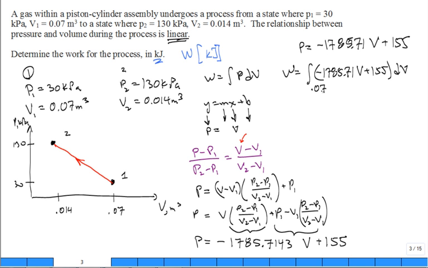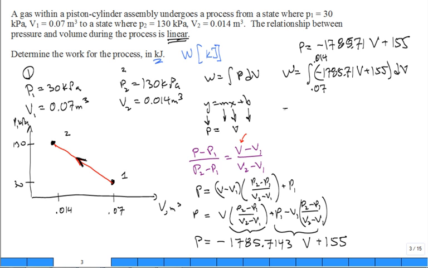But Professor, that's the larger volume. That's right. You're integrating backwards. The mathematicians never taught you that, did they? You always integrated from x1 to x2, and x1 was always less than x2. But that's not the way it has to be. And so 0.014, the smaller volume, is the final volume.